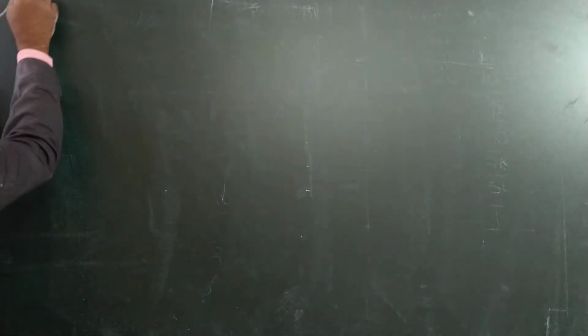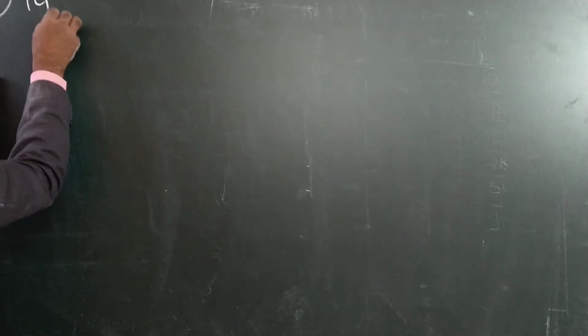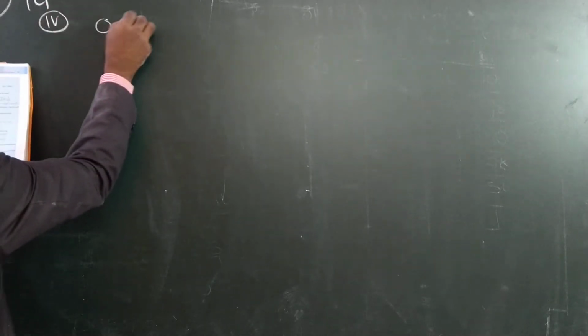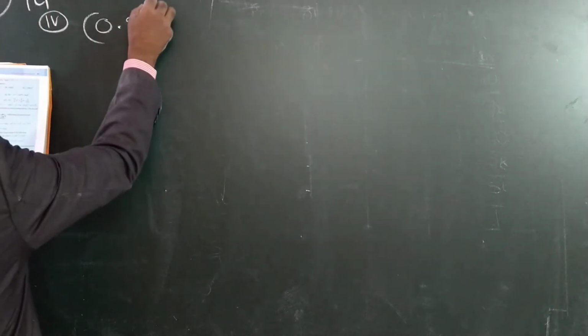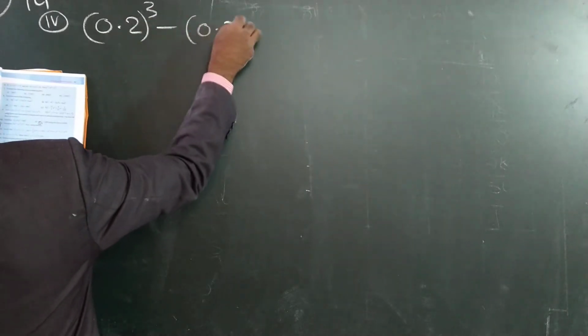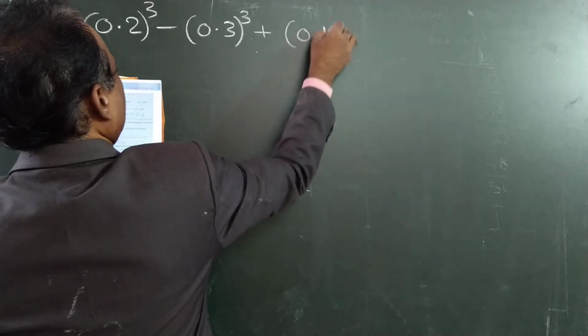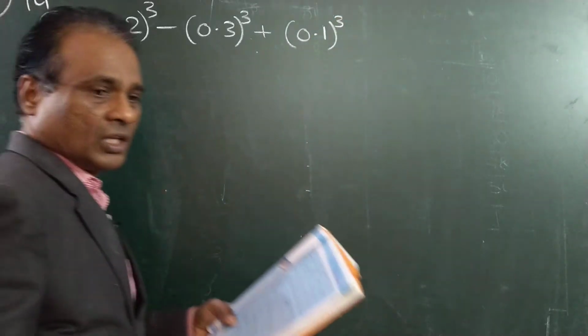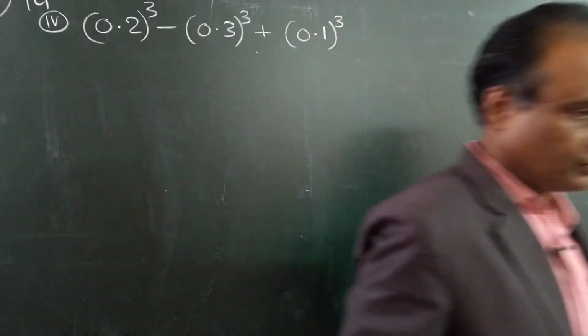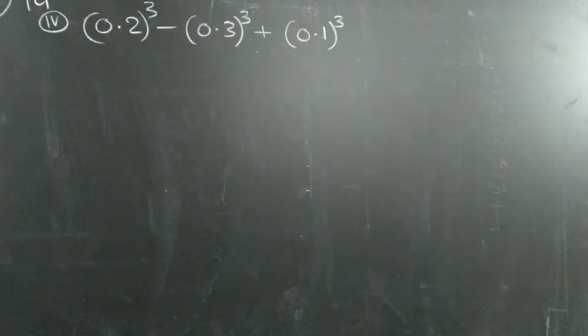Yesterday in the 14th problem, 4th bit, I gave it as homework. You did it or not, I don't know, so I will solve it again. See here, this is the problem.